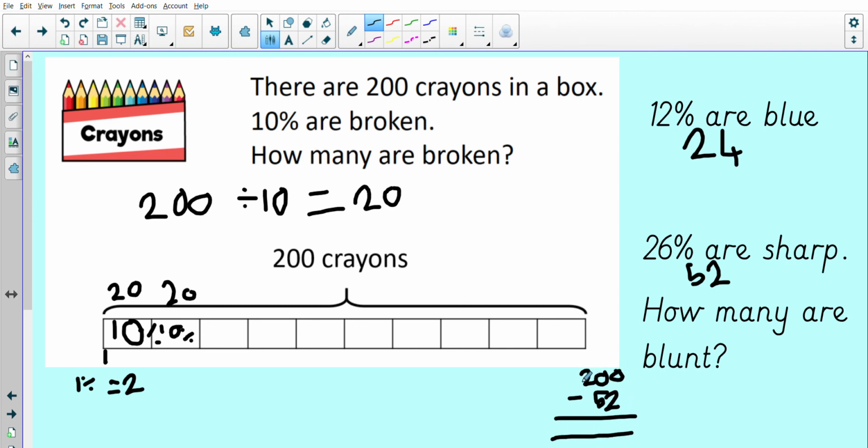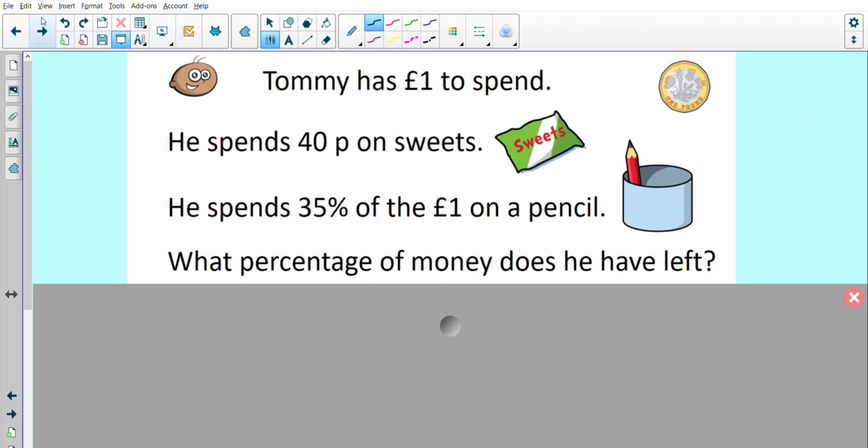We need to borrow all the way from this 2. That becomes a 10. Now we can knock next door. That becomes a 9. And now I've got 10. So 2 from 10 is 8. 5 from 9 is 4. And I've got 1 left over. So how many are blunt is 148. We do need to be careful that we're reading these word problems carefully.